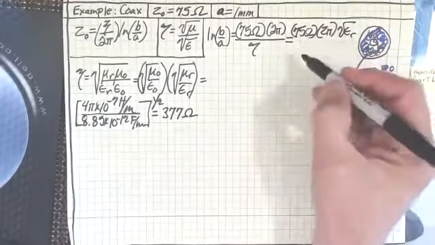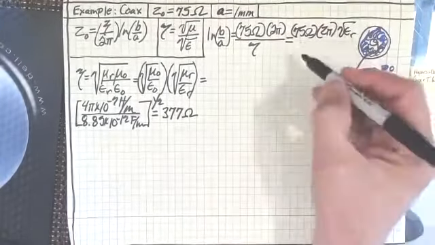Because can everybody see this right here would be 377 ohms times the square root of that, that'd be 1 divided by the square root of epsilon sub r. And all I've done here is I've just taken that and switched it around so that we can get the natural log of b over a.